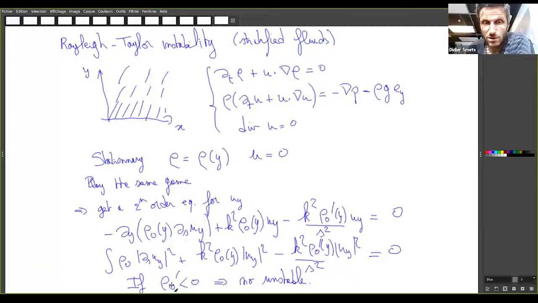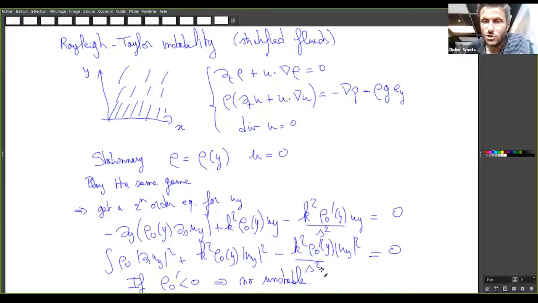So if the heavy fluid is on the bottom and the light fluid is on the top, I have no unstable mode. But in the other situation, I could have an unstable mode. Actually, there should be some unstable mode if you think in terms of Sturm-Liouville theory.